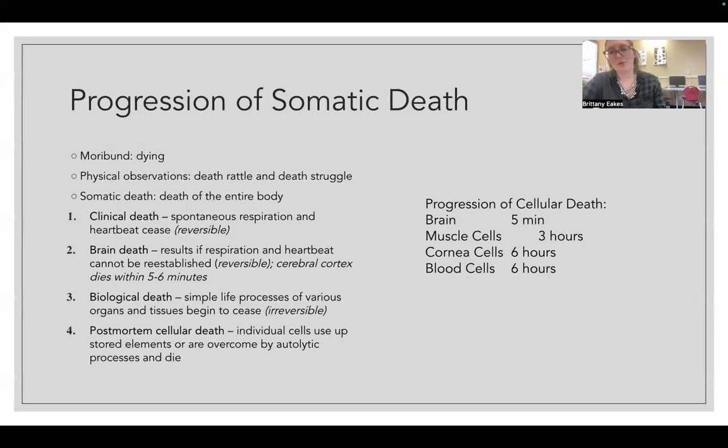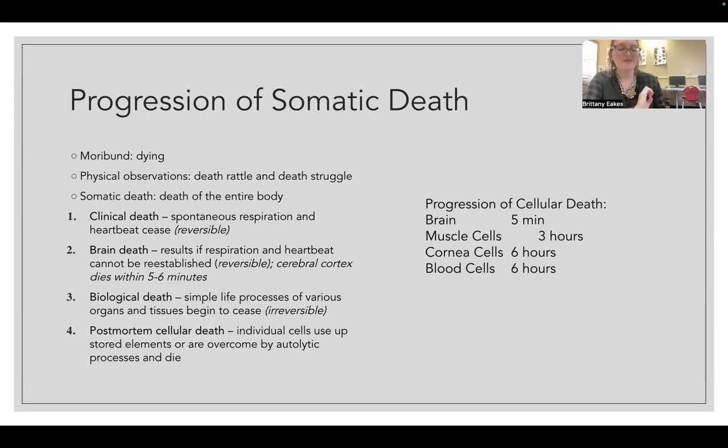Death proceeds in an orderly progression from clinical death, which is reversible, to brain death, also reversible, then to biological death, which is irreversible, and then postmortem cellular death.